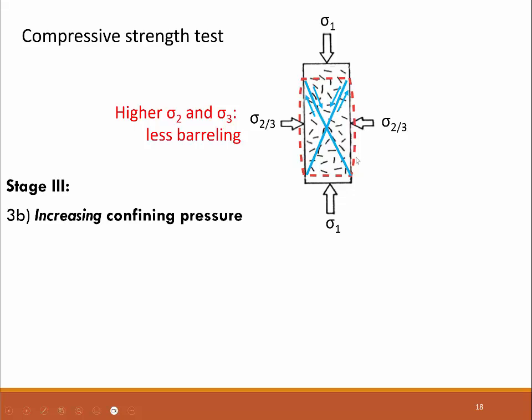And if we counteract the barreling in the elastic stage, we also counteract the coalescence of microfractures parallel to sigma 1, which have produced our tensile fractures on the previous slide under low confining stresses. So that is an important difference.